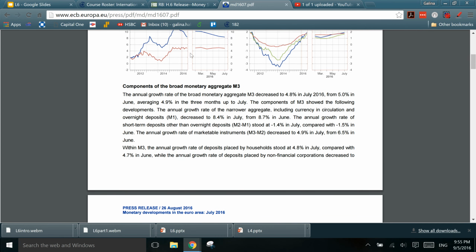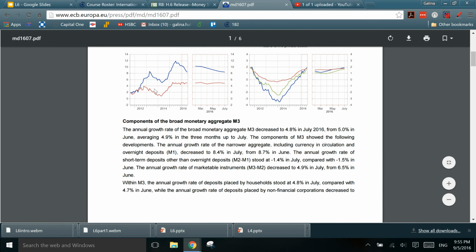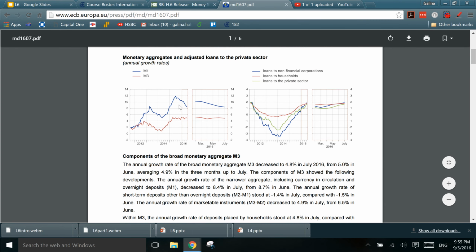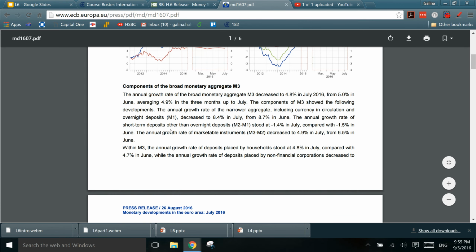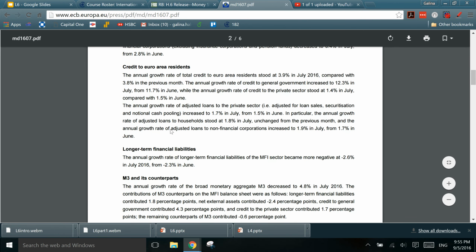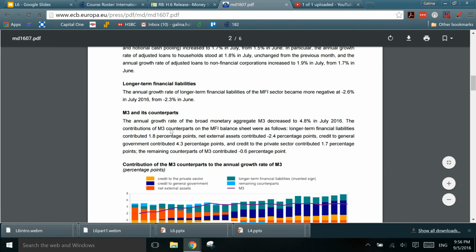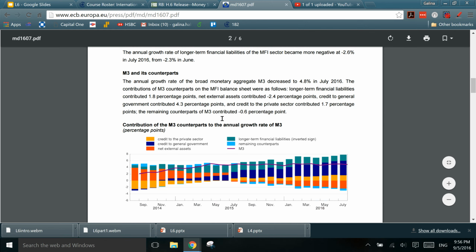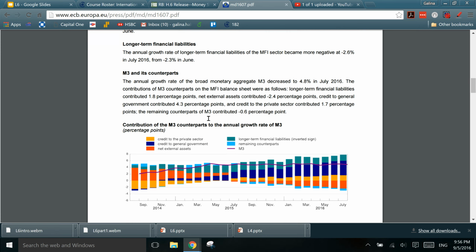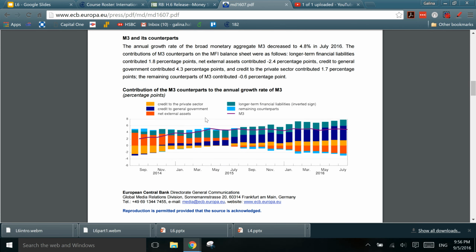And you can see that M3 is growing a lot slower. Here's the red line. M3 is growing a lot slower than M1. It's much larger, but it's growing at a slower pace. And you can read through the description of all different aggregates. And here you can see what the M3 counterparts are. So M3 mostly includes the loans extended by banks.